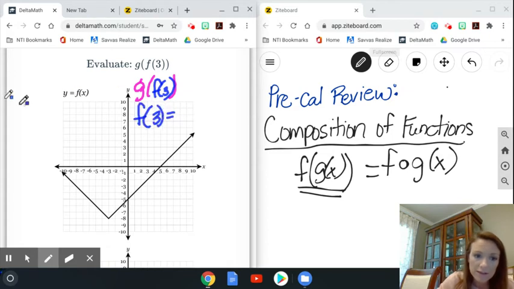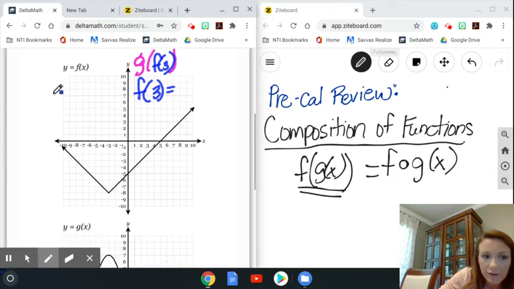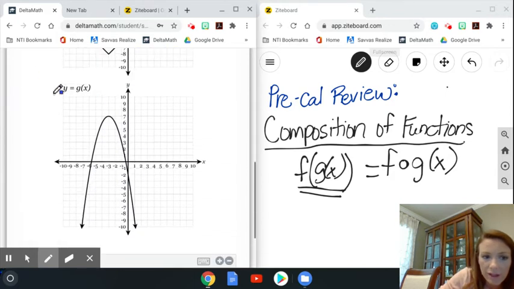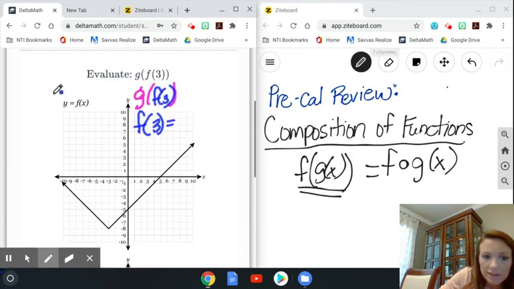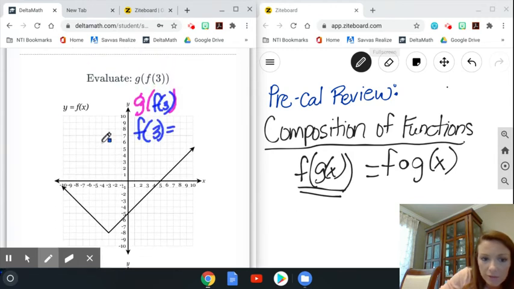If you notice, your Delta Math is going to have two graphs. It will have this f graph, and then it will have a g graph. But first, I need to evaluate f of 3. So I'm going to go to my f graph and look at where x is 3. Where the input is 3, the output, which is the y value right there, is negative 2. So f of 3 is equal to negative 2.